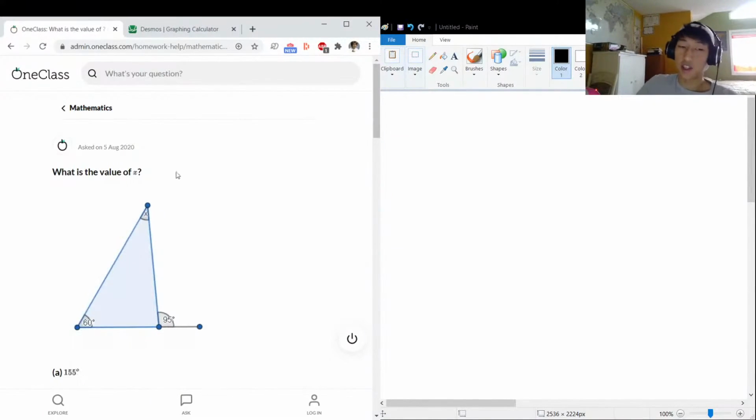Cool. So the next question that we have is, what is the value of x? And we have a little triangle here, and we only know one of the angles inside of here.